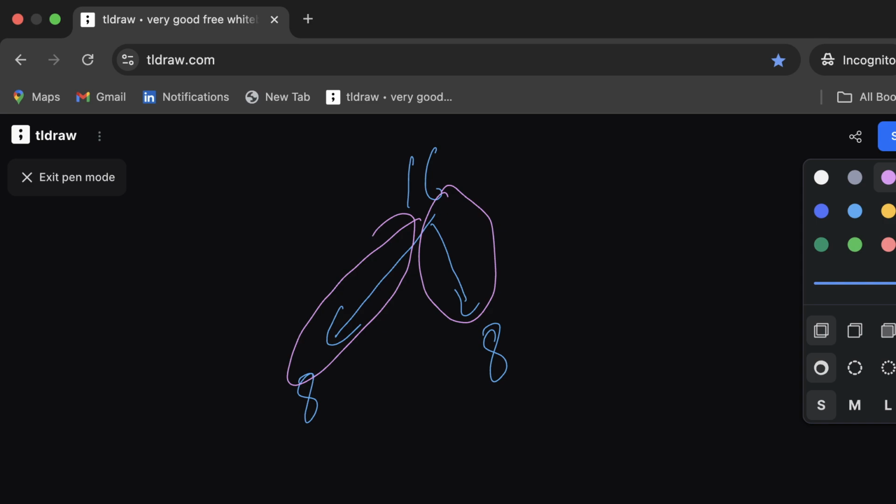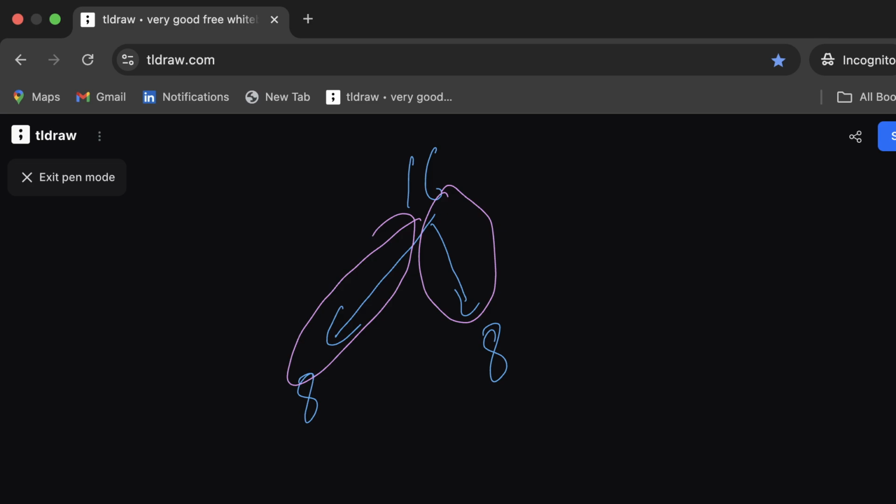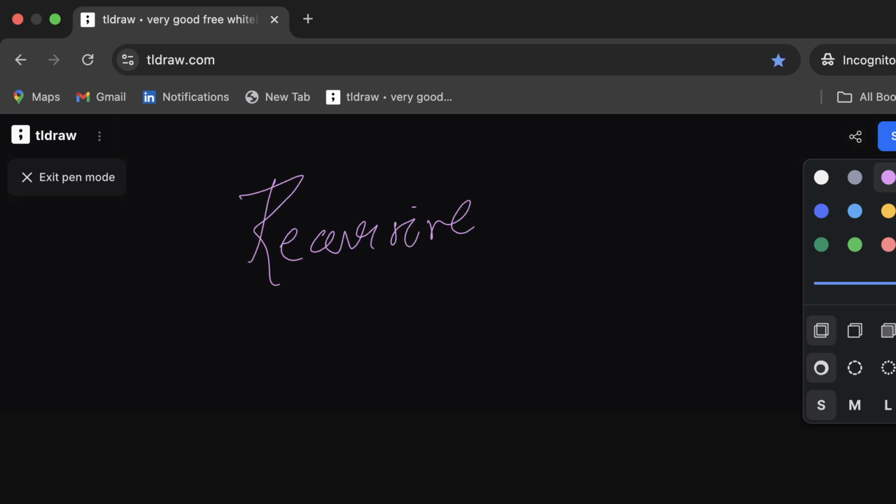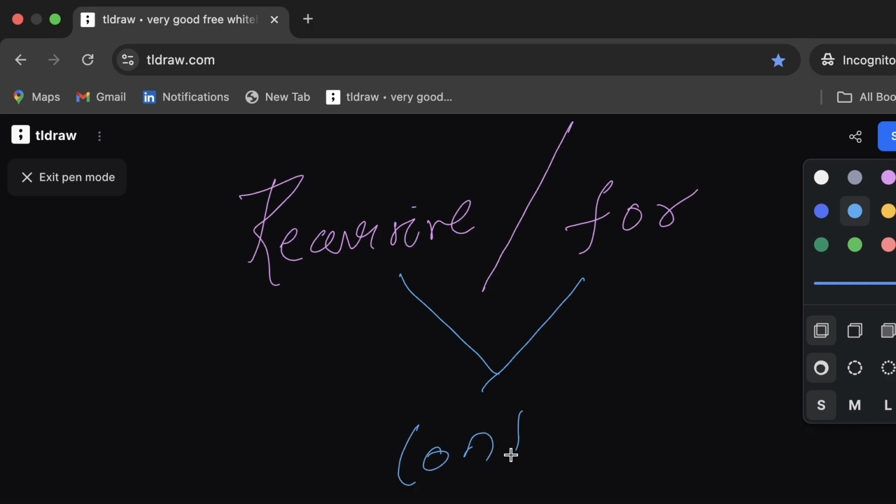Now the main thing is basically to identify when to use recursion. Remember, recursion is just a form of control flow, right? Either we can do recursion or we can use a for loop, because both are control flow.